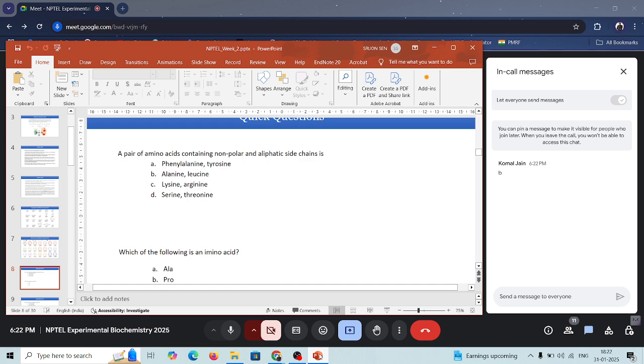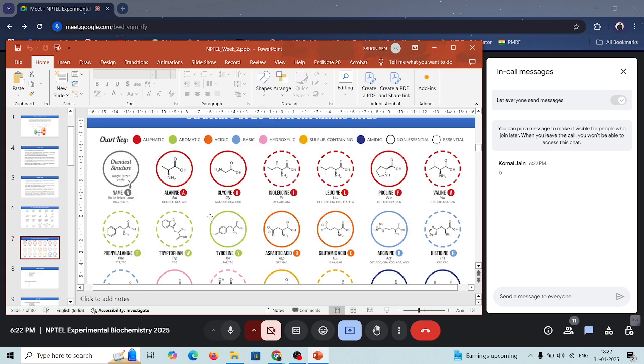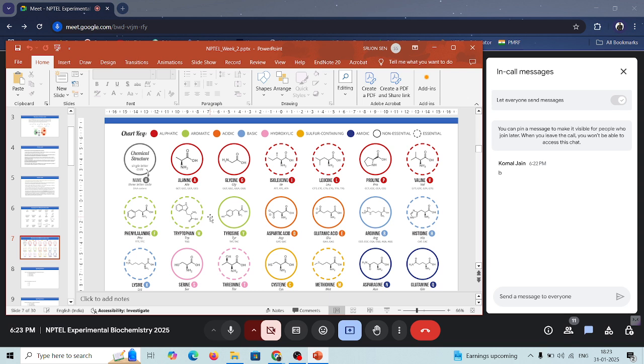I've got one answer. Others also please answer. Non-polar and aliphatic. I would just show you this one once more if you want to check with the structures.